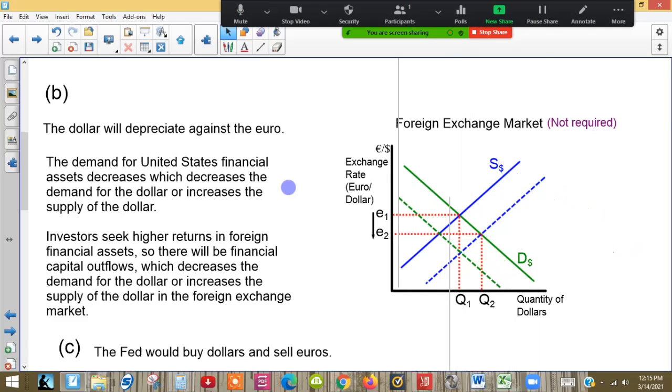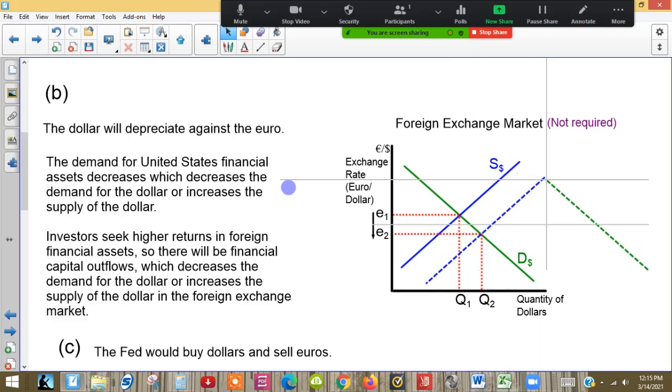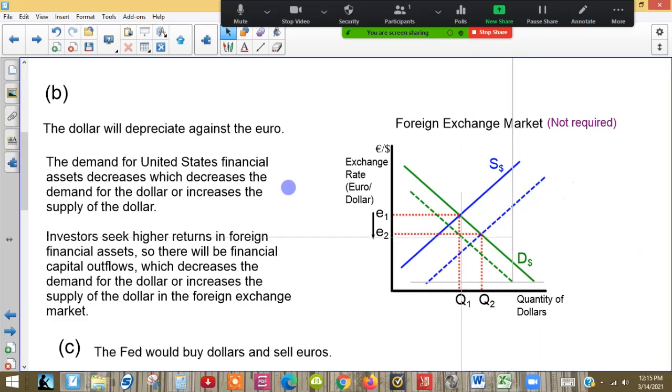Either the supply curve shifting to the right or the demand curve to the left is going to lower the value of the dollar against the euro. You can think of it as it'll take fewer euros to buy a dollar with these two shifts. Okay, and then the explanations are over here. So both of these would be good.